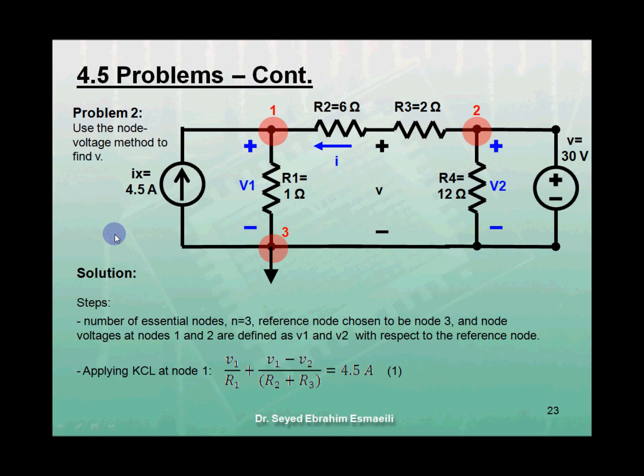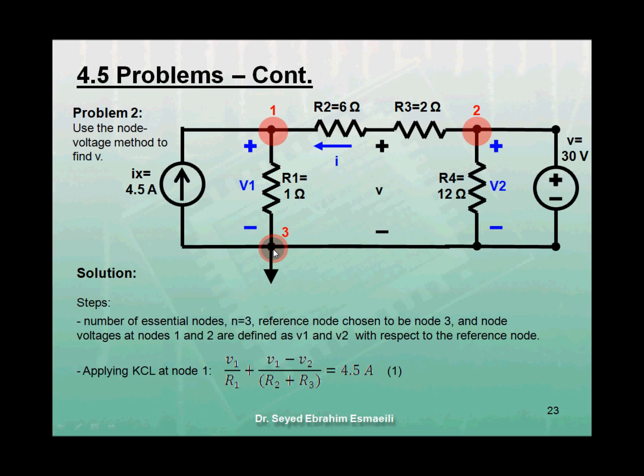In problem 2, we need to use the node voltage method to find the voltage V. We start our solution by noting that this circuit has three essential nodes, node 1, node 2, and node 3, which is defined as the reference node.